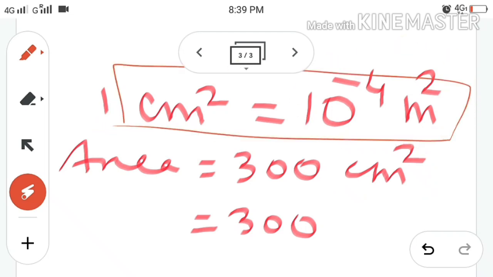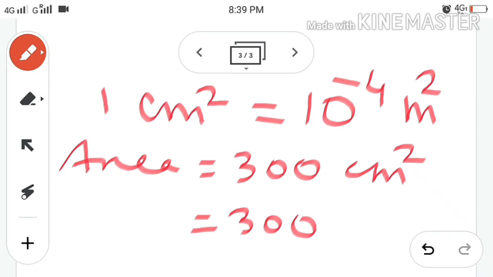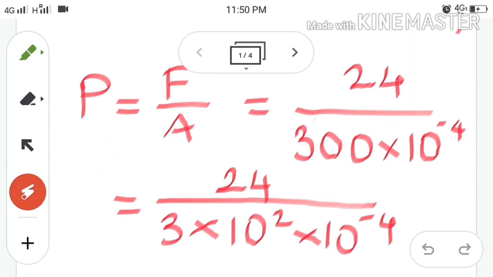Okay. So I should write 300 into 10 power minus 4 meter square. This is a method to convert a value from centimeter square to meter square. Clear, children? Now let us solve the sum.